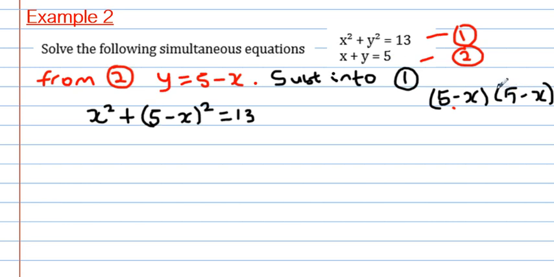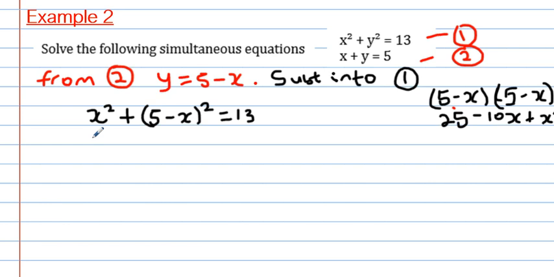If I rewrite that properly, that's a 5, so I will have 25 minus 10x plus x squared. You can check that out. Now I'm going to write this properly.